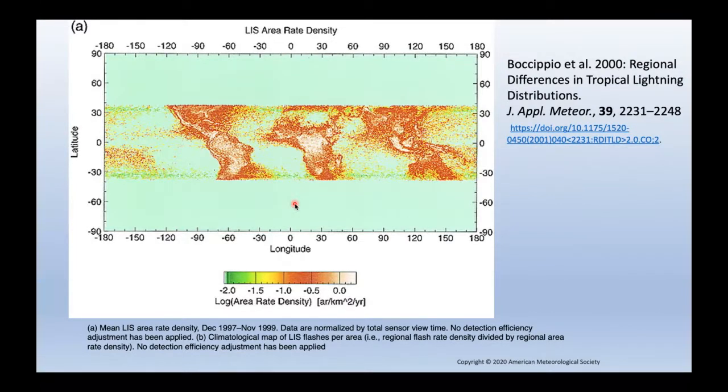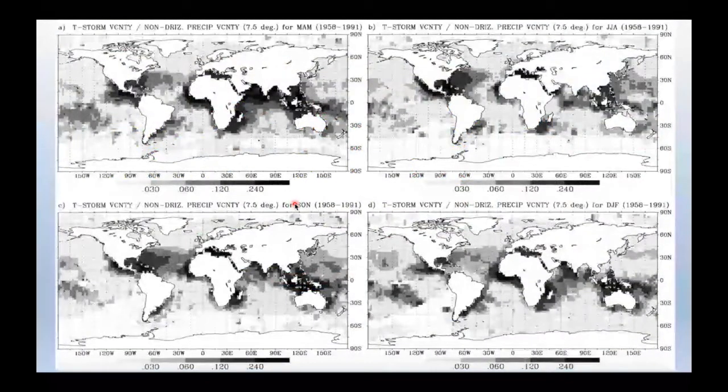So that was very encouraging. But this satellite work came about after I had looked at the ship reports and seen these features based on just subjective human observations.